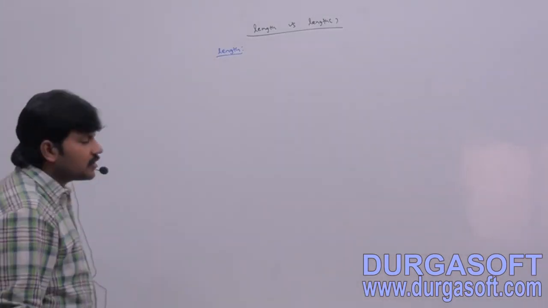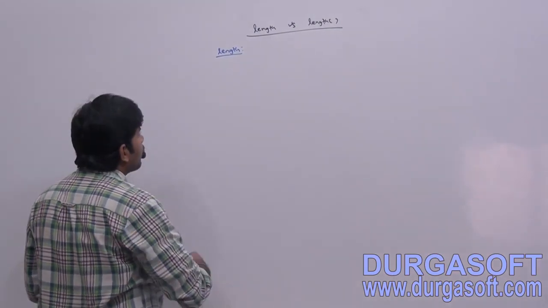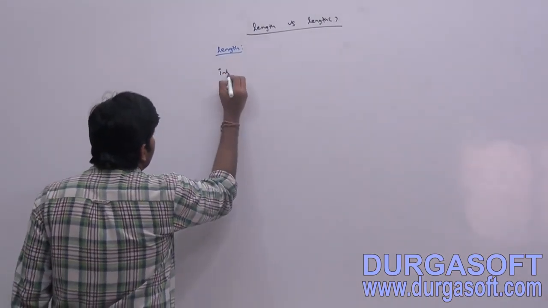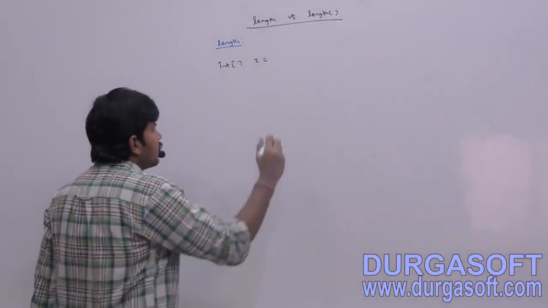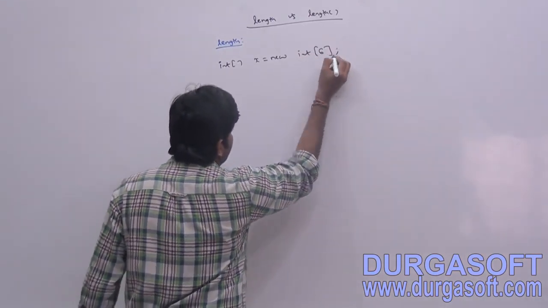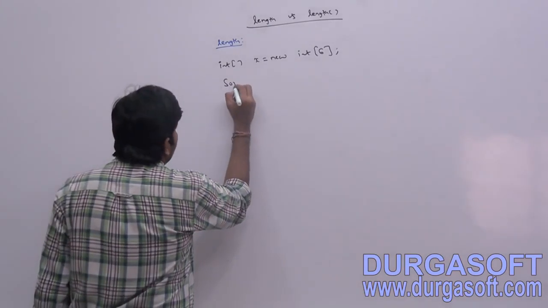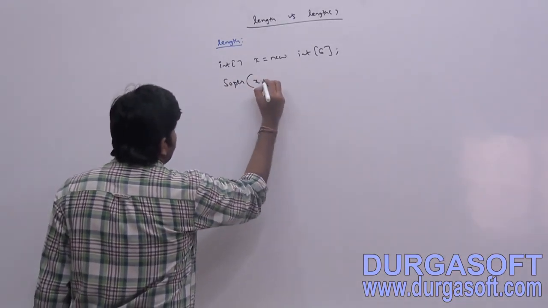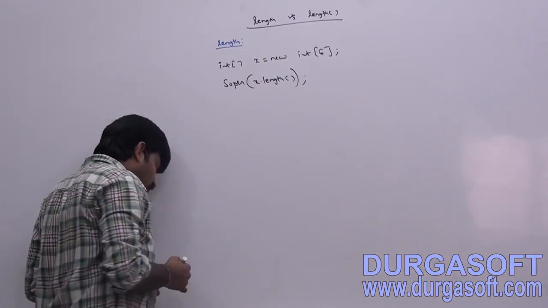Here, I am taking int array x is equal to new int array of 6. System.out.println x dot length. Sir, can you tell what the answer is?